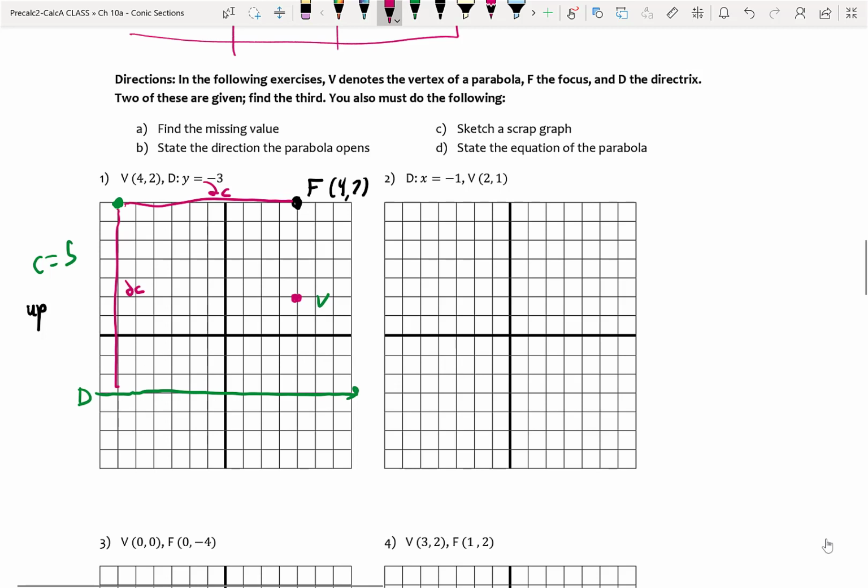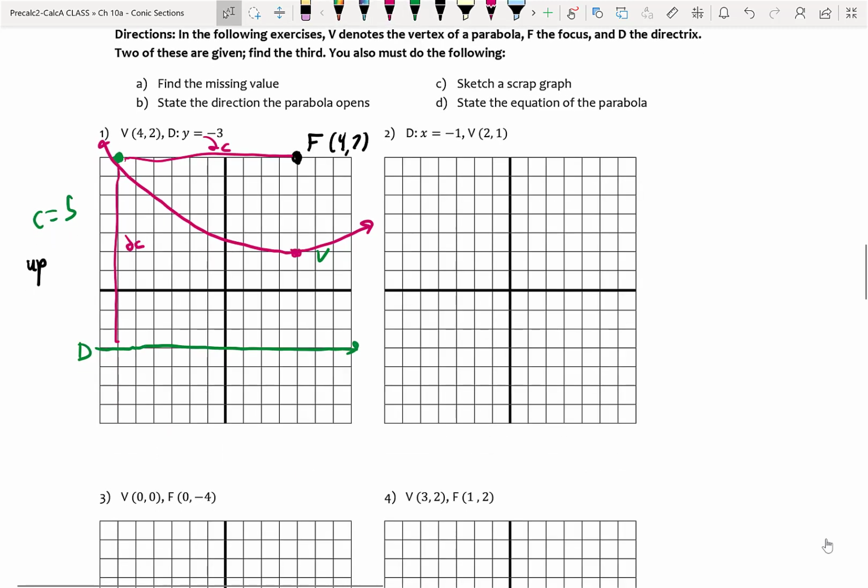Now, I'm way too far off the graph to do it to the right, but I can at least sketch this piece of it and see how wide this is actually opening without guesstimating too much. So that's a sketch. And finally, the equation would be y is equal to 1 over 4 times 5, times (x minus 4) squared plus 2, since my h, k is 4, 2, and 1 over 4 times 5 is 1 over 20.